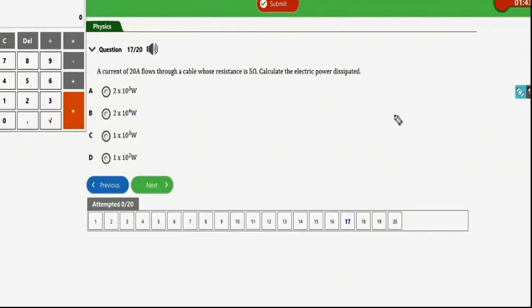So in this question, current is involved. So we're looking for the power dissipated. So it's going to be power. You can use this formula, I square R. Okay, no voltage is involved. So power will now be 20 square times 5. So when you put into the calculator, you're going to have 20 square basically is 400, okay, times 5.